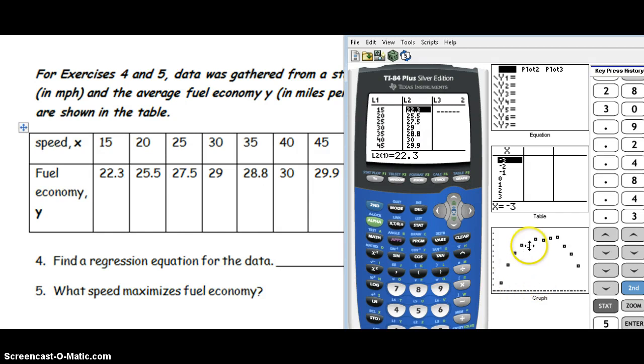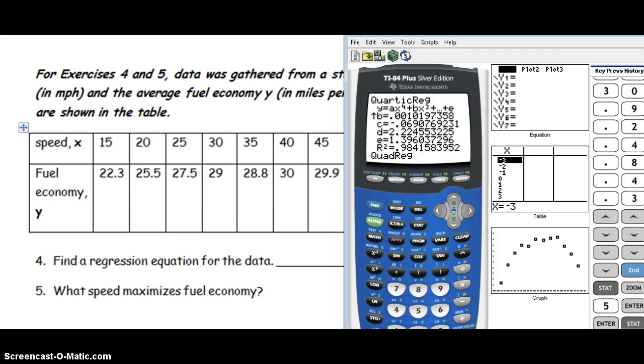If you take a look at this scatter plot, you could make a case that this is quadratic or that it is quartic. But you could not make a case that it's linear or cubic. So if you thought it was quadratic, you would hit stat over to calculate and then quadratic, and that would give you your equation.